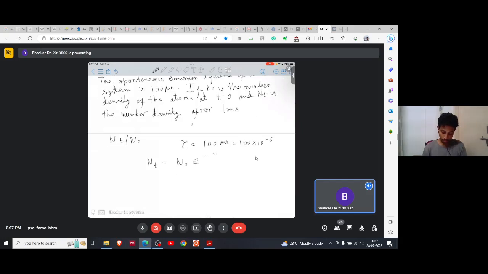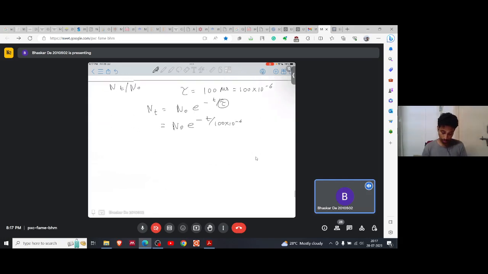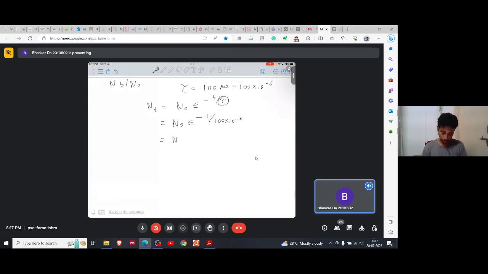We know tau, and t is given as 1 millisecond, that is 10 to the minus 3.